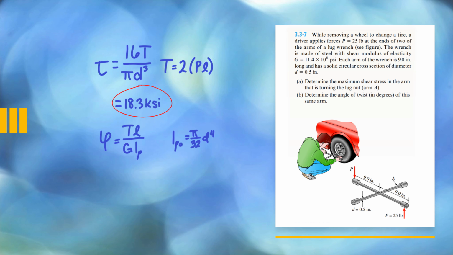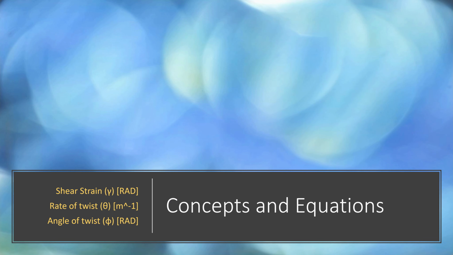And our polar inertia for a circular shape is pi over 32 d to the 4th. So we have our T, which we solved for in part 1. G is given. We can solve for polar inertia as a function of our diameter, which is given, and we get our answer.